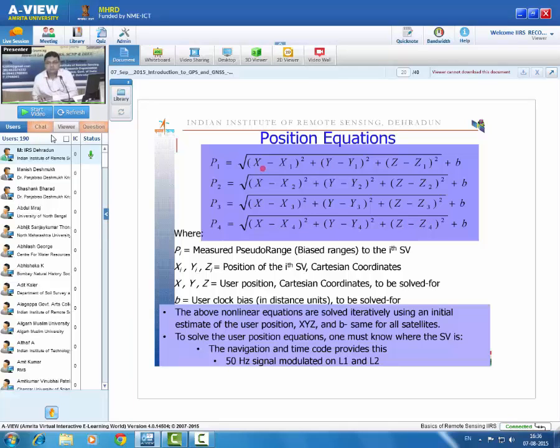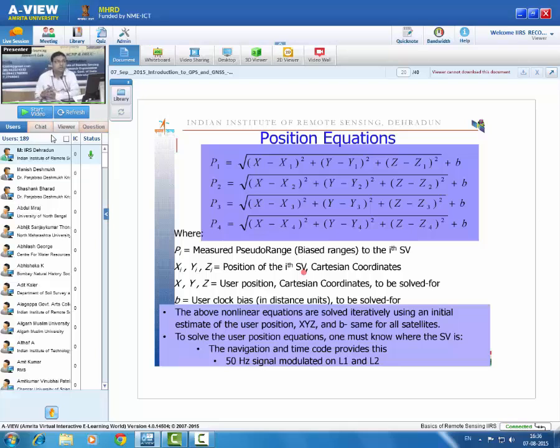So in this equation, only x, y, z is unknown along with the b, which has come into picture because of the difference between the atomic clocks and the quartz clocks. So four unknowns are there: x, y, z and b. Pseudo ranges are known, and the satellite coordinates are also known. So xi, yi, zi are the positions of the ith satellite vehicles.